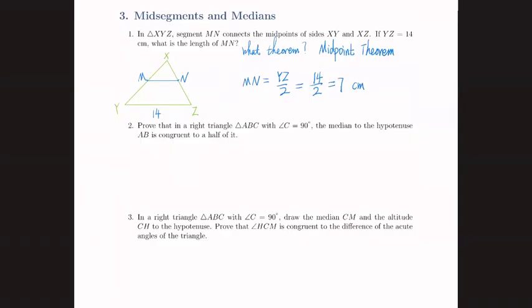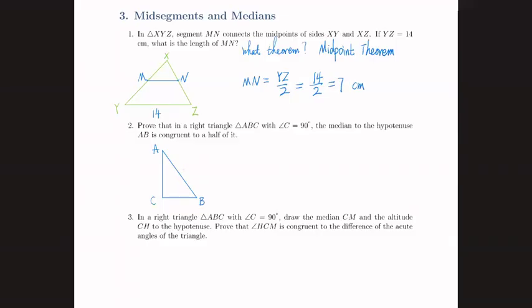Next one. A triangle with angle C equal to 90 degrees. Median to the hypotenuse, let's pick the midpoint.